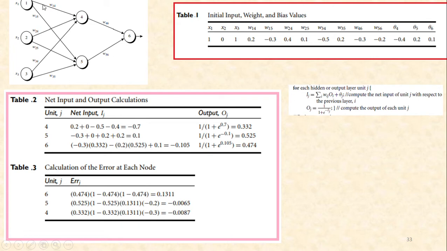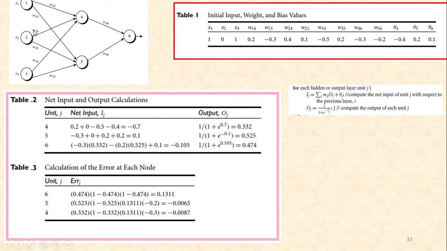The input parameters corresponding to neuron 4 are W14, W24 and W34. Here you can see that W14 is equal to 0.2, W24 is equal to 0.4 and W34 is equal to minus 0.5.